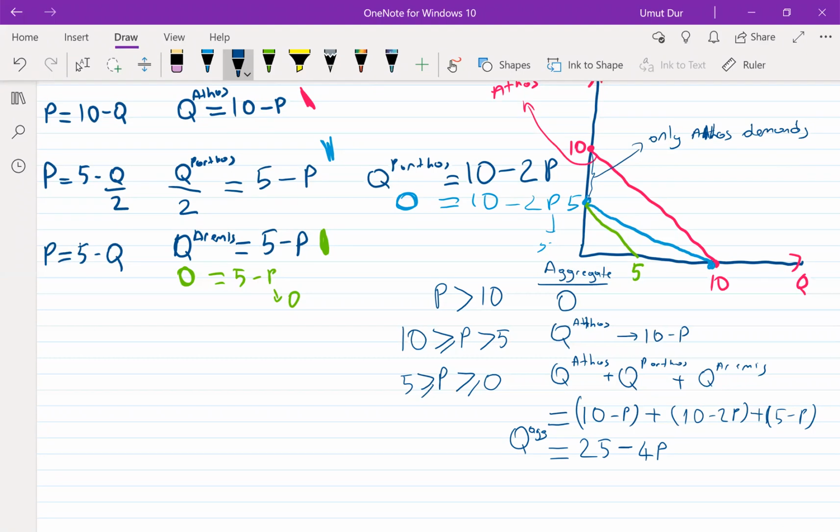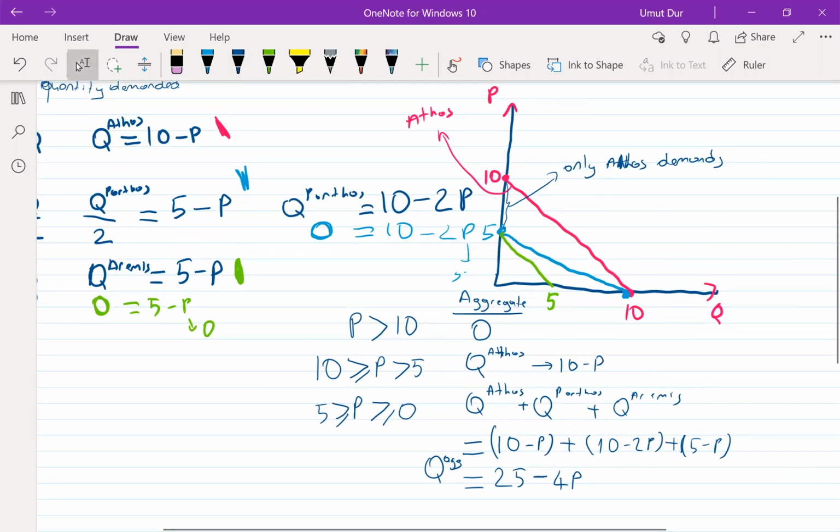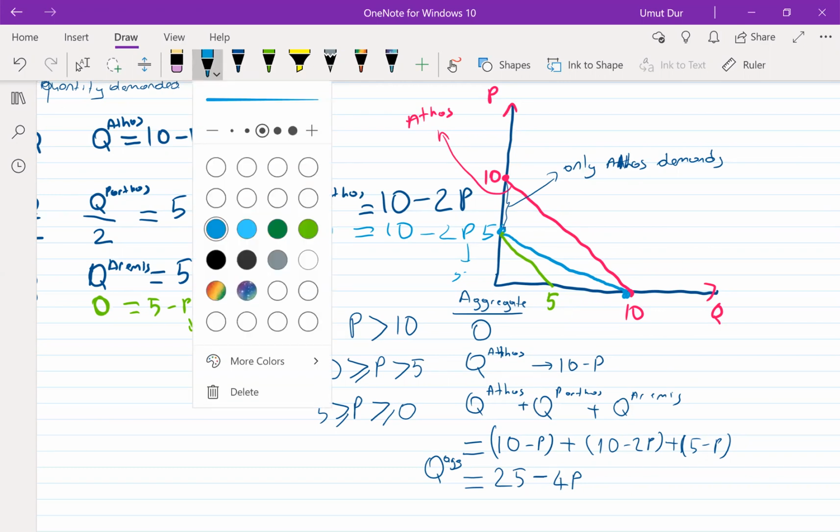When the price is between 10 and 5, it is 10 minus p, and when the price is greater than 10, it is 0. So if I want to draw that aggregate demand here on the graph, let me use a different color, purple.